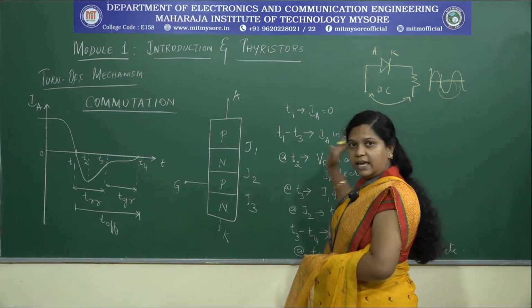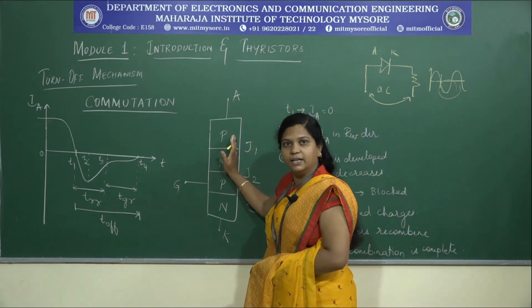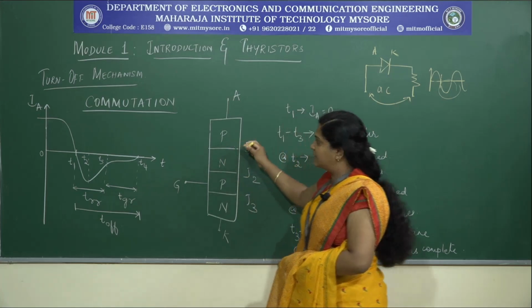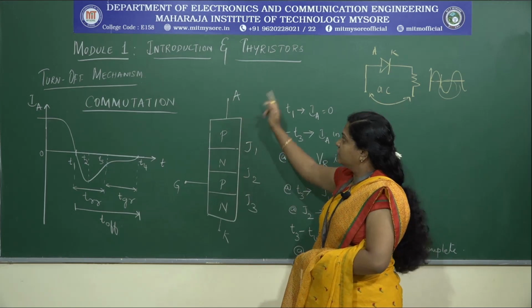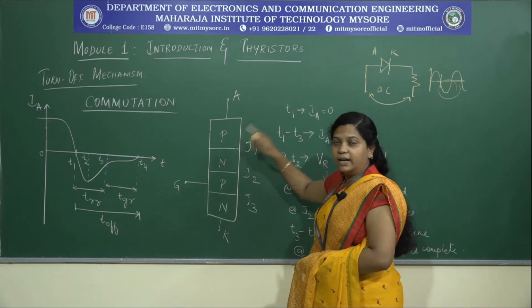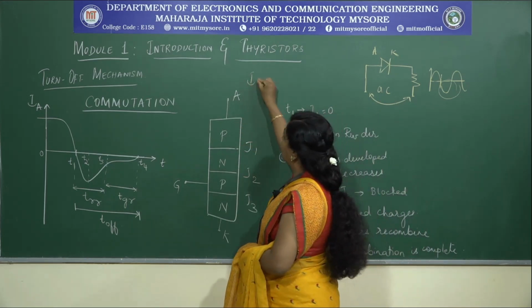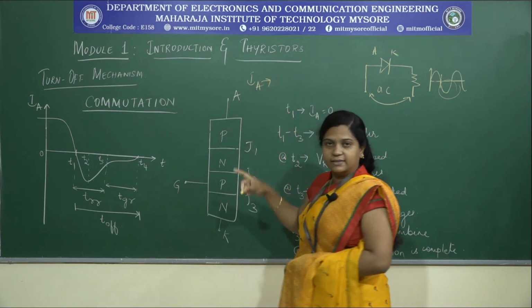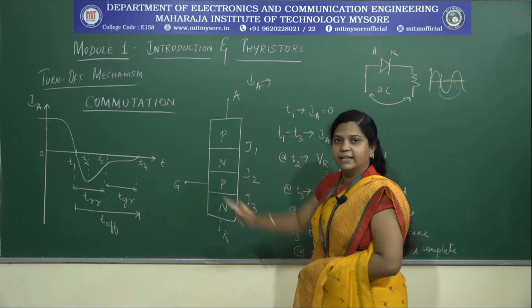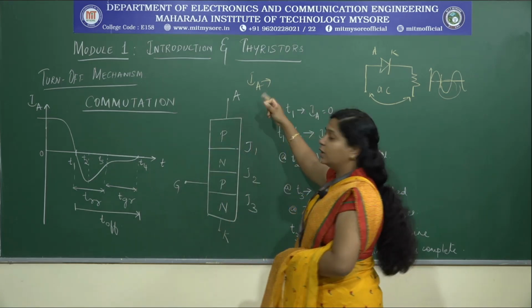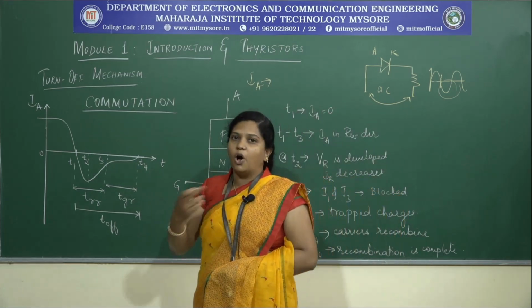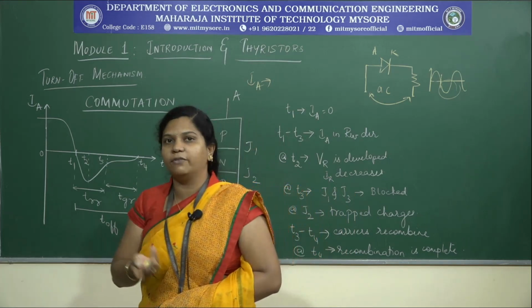Okay. Now, the same concept we are going to use in the thyristors, which is a PN junction device. Here we know that only if there is an anode current flowing in the thyristor, only then will the thyristor be in its on state. So, if we want to achieve the off of the thyristor, what should we do?